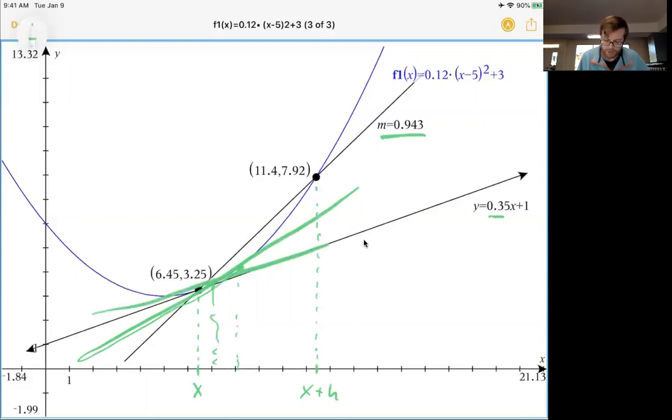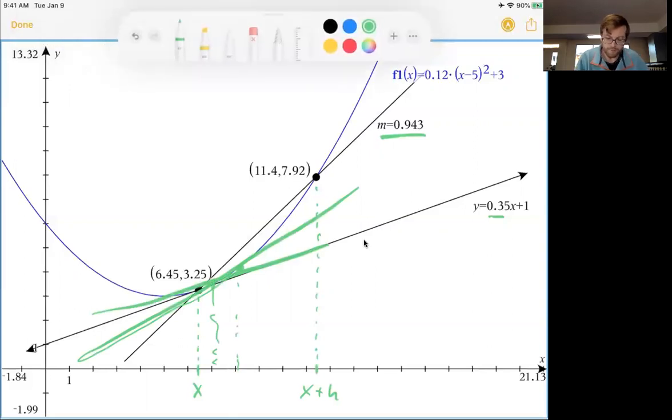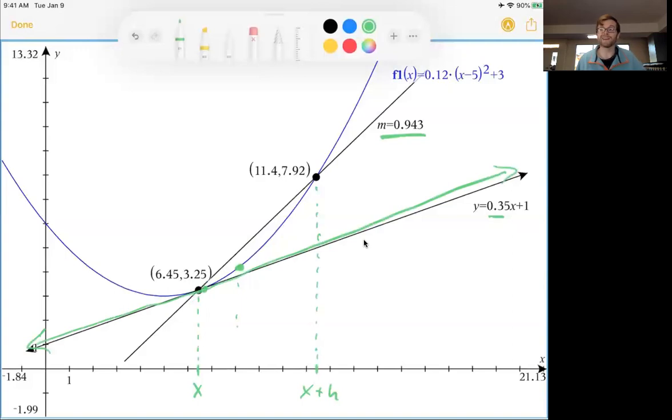Basically, you want h to get tinier and tinier until eventually h is practically 0, and then you're in pretty good shape, because when h is pretty close to 0, the slope of your line is the same as the slope of the tangent line that you're looking for. Okay, so I want you to notice that we're looking for h to go to 0, and then we pretty much got it. So how does this get us to the definition of a derivative?